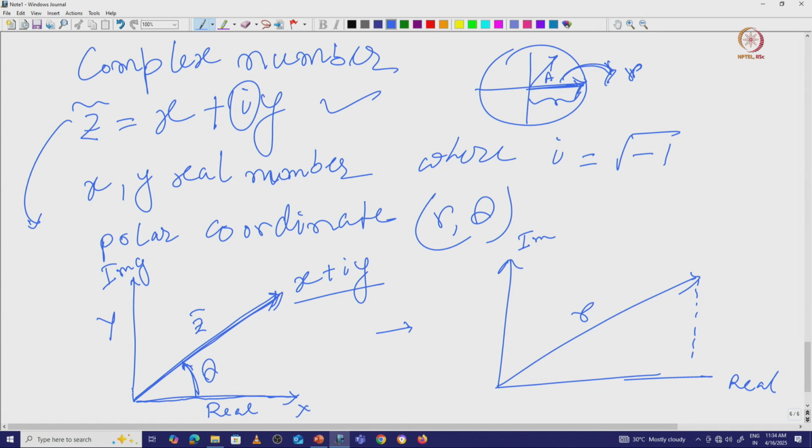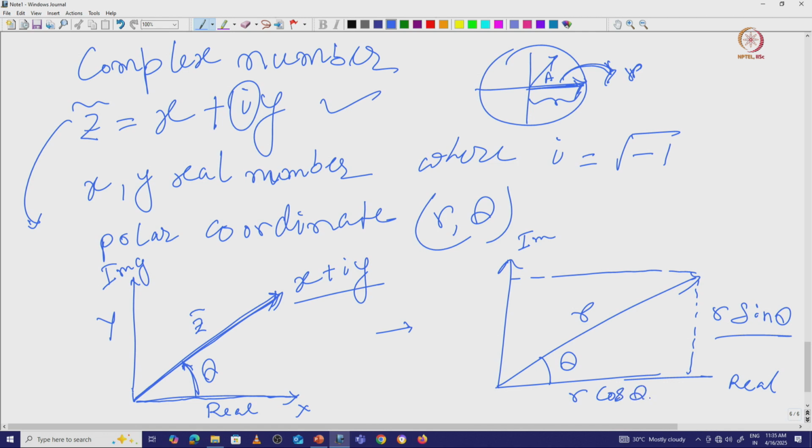Now if we draw a line here, if this angle is theta, this will be r sin theta and this will be r cos theta. From trigonometry we know that, if this is r and this is theta, it will be r sin theta here, and this will be r cos theta.